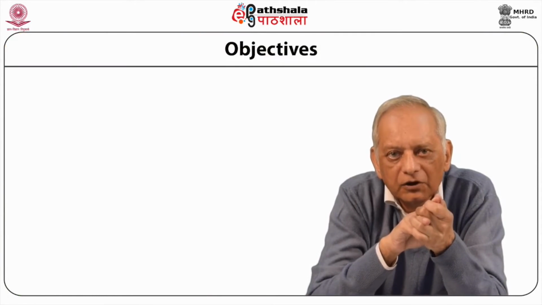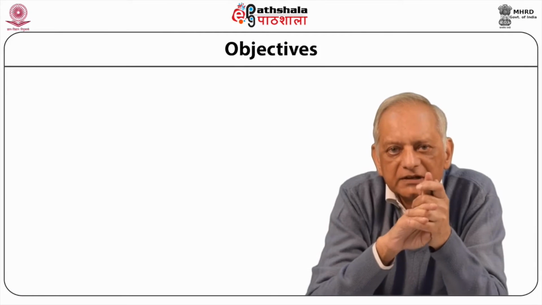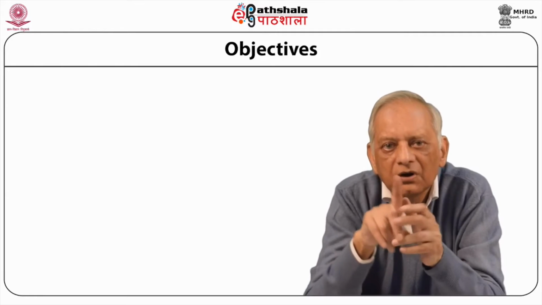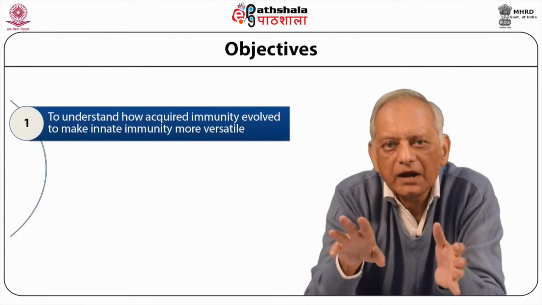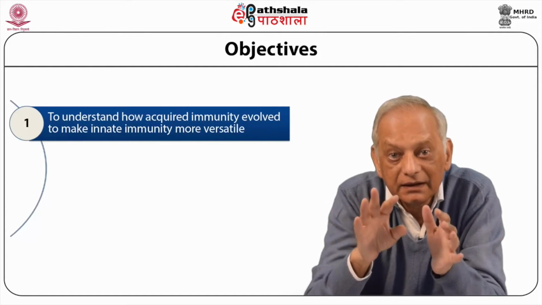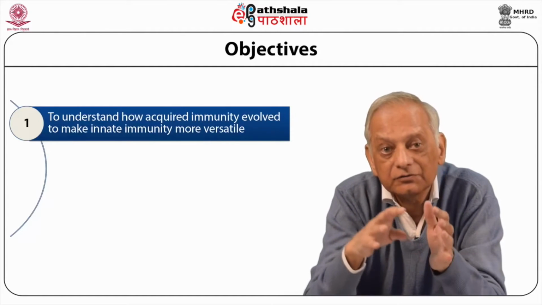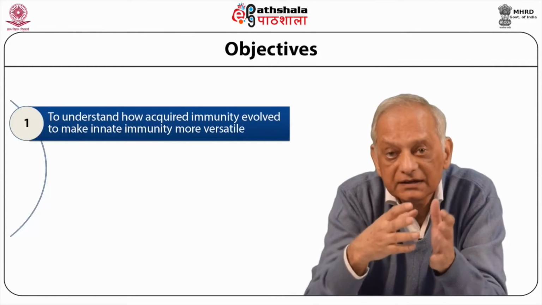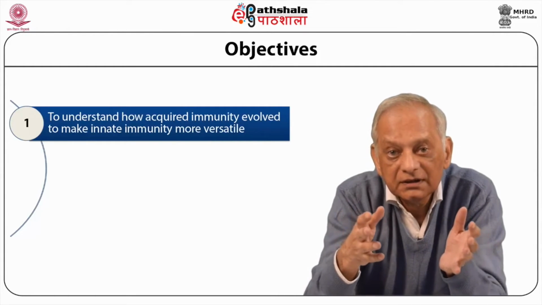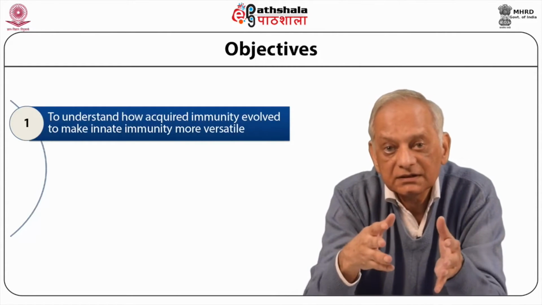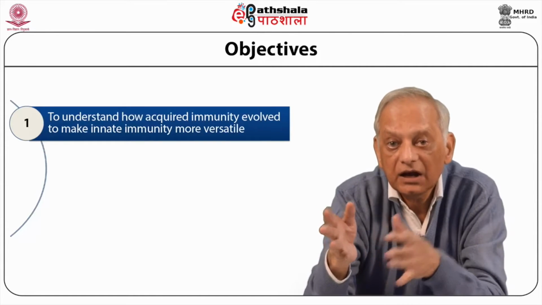The following are the objectives of this module. Number 1, to understand how acquired immunity evolved to make innate immunity more versatile, because in the context of the evolution, it is the innate immunity which evolved first and acquired immunity evolved much later.